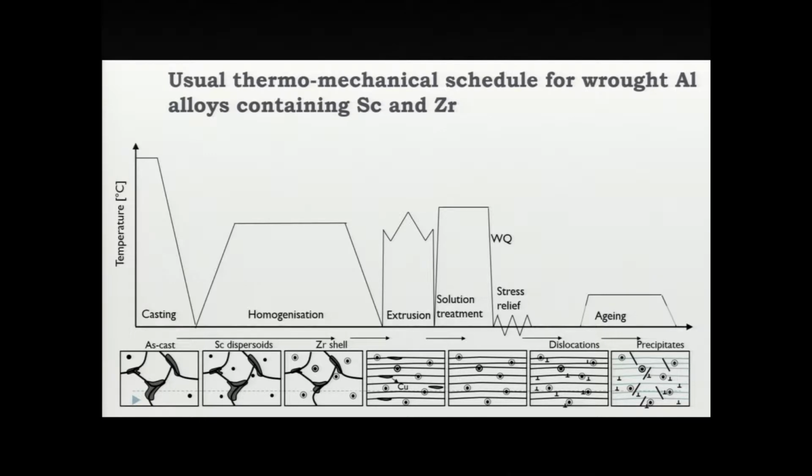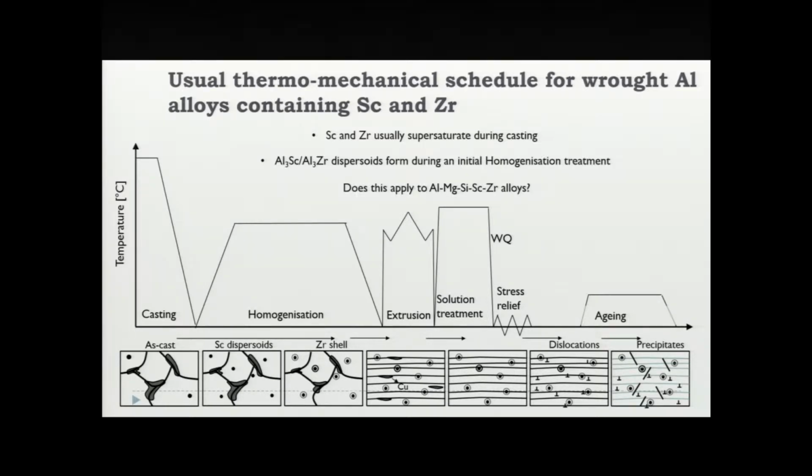Then you had copper segregation in the interdendritic regions. Then you could do your homogenization treatment to form your core-shell dispersoids. Then, of course, you extrude, you solutionize your copper, and finally artificially age. So, as I said, scandium and zirconium are usually supersaturated, and you form your dispersoids. The big question is, can we do that in 6000 series with this scandium and zirconium?